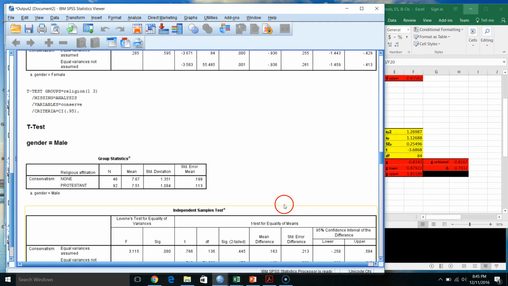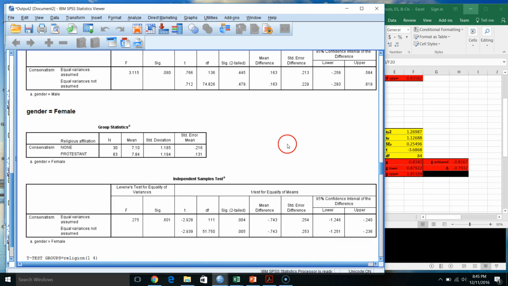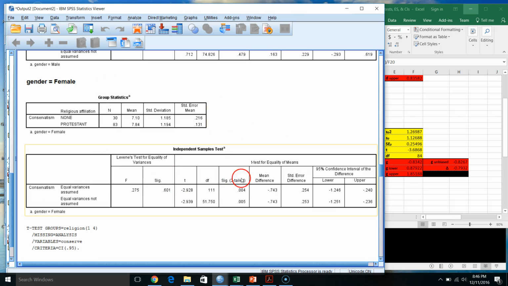All right, so we go down through, ignoring our test for our unaffiliated and Protestant men because our simple effects ANOVA wasn't significant. Going down to taking a look at our women. Looks like we do have a statistically significant difference here at alpha 0.05. Our p-value is 0.004.